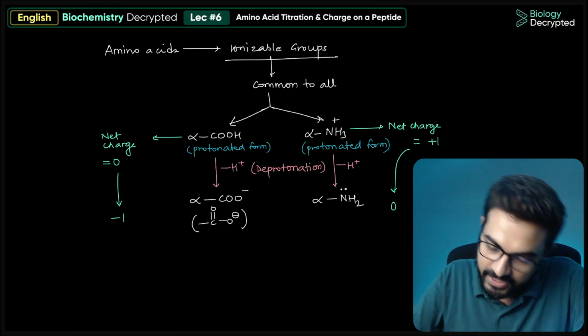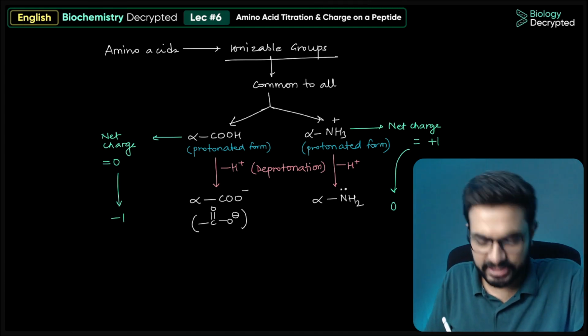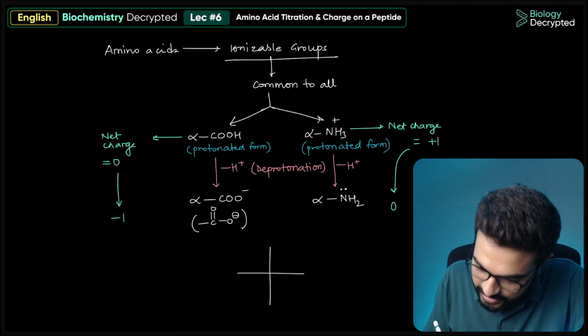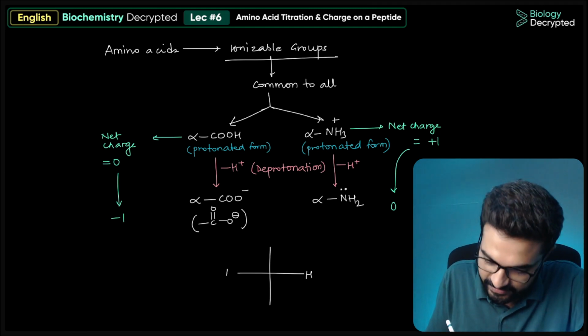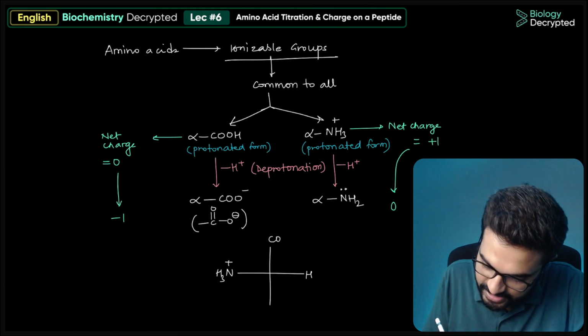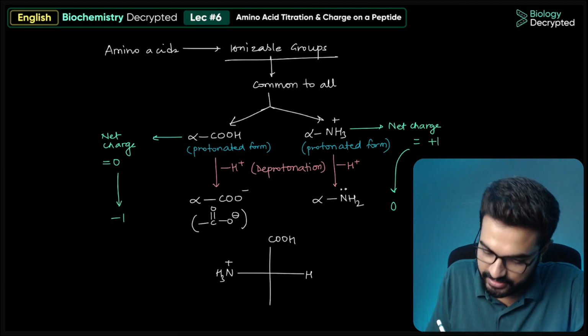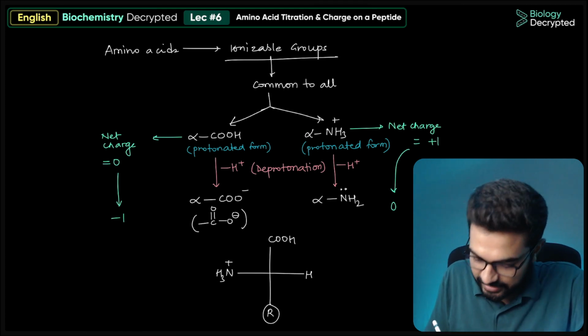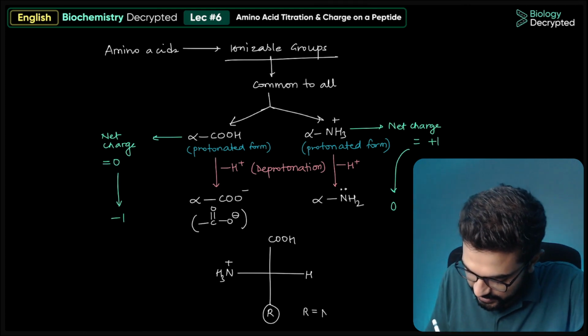Now if we try to draw a general structure of an amino acid, we are drawing the Fischer projection. Here we have H, here we have NH3 plus, here we have COOH, and here we have R. Now we are considering that R here is non-polar.